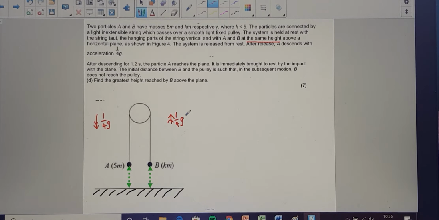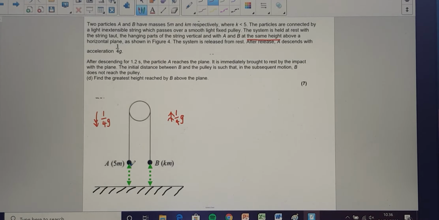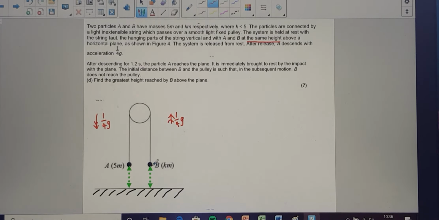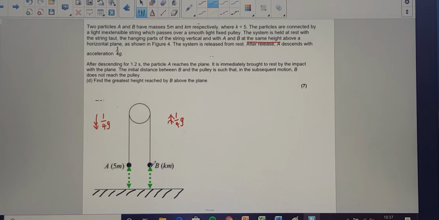So when I tried to do this initially, I was like, well, this is impossible because I don't know what the height is, this initial height. But if I think about it, the height that this drops, yeah, so whatever height this drops is the initial height above this, yeah? So whatever A drops is the initial height of B, but then at the same time, if you think about it, B will have also moved that height.